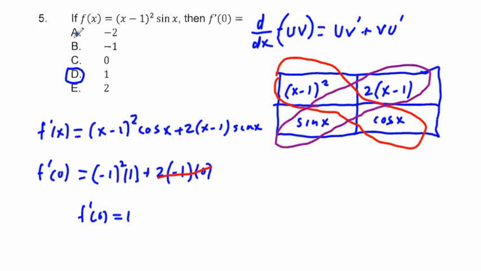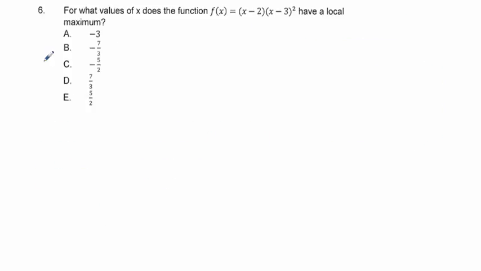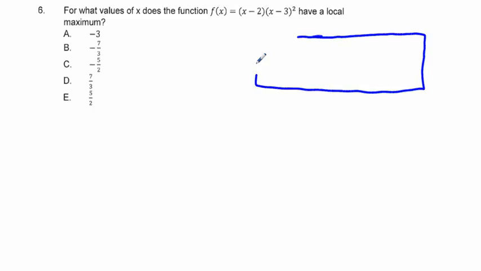Next problem, 6. Okay, for what values of x does function f of x equals quantity x minus 2 times quantity x minus 3 squared have a local maximum? Well, again, we're going to use that product rule organizer like we had in problem 5.